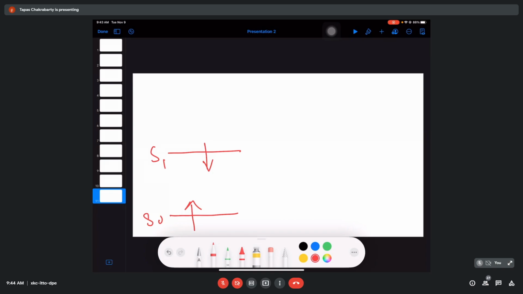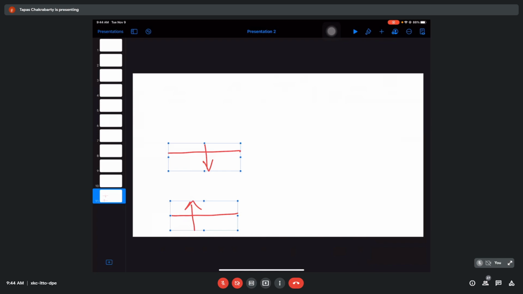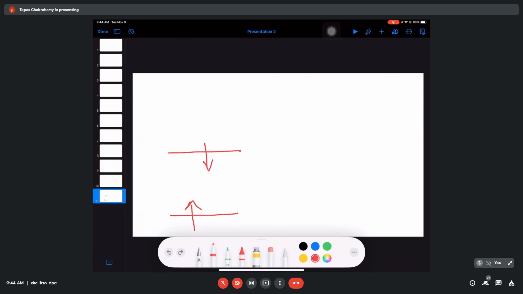Sorry, I think I messed up a little bit. Okay. And then that has been transferred to the hydrogen. This is the oscillation energy, this oscillatory energy. It has been transferred this way.